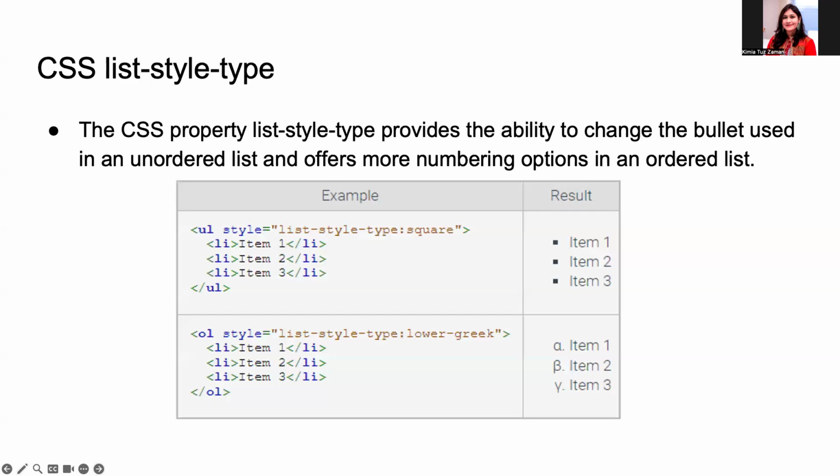In the second example, the list-style-type lower-greek changes the numbering in an ordered list to Greek letters like alpha, beta, etc. So with CSS, we are not limited to the default browser styles. We can make our list match the design and tone of our web page.